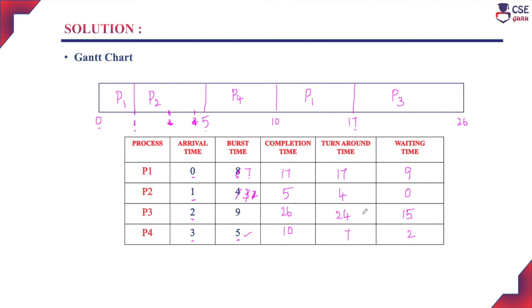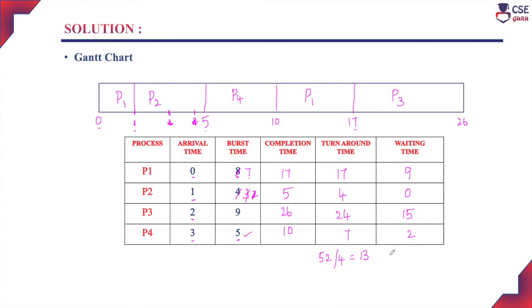Next, we need to find the average turnaround time and the average waiting time. Average turnaround time is nothing but the sum of the turnaround time of all the processes divided by the number of processes. So the sum of the turnaround time is 52 divided by the number of processes 4, that is 13 milliseconds. And average waiting time is the sum of the waiting time of all the processes divided by the number of processes.